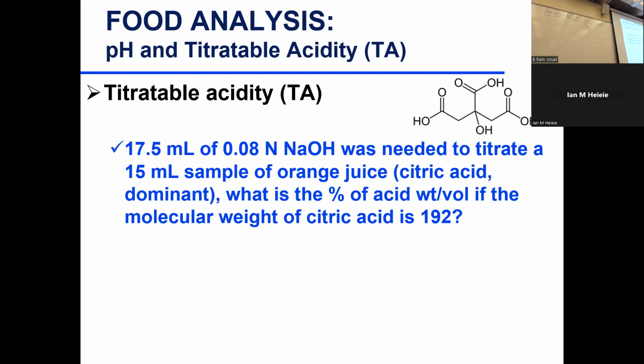All right, so apply the equation. Sometimes in the test, either I draw this, or I give you the 3 pKa or 2 pKa, then you would know that, oh, I need to account for 2 hydrogens, I need to account for 3 hydrogens, then you know what you would divide the molecular weight by.